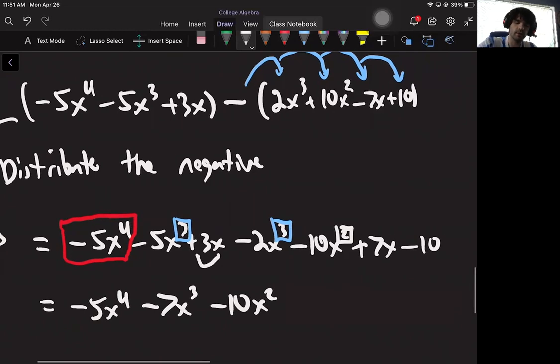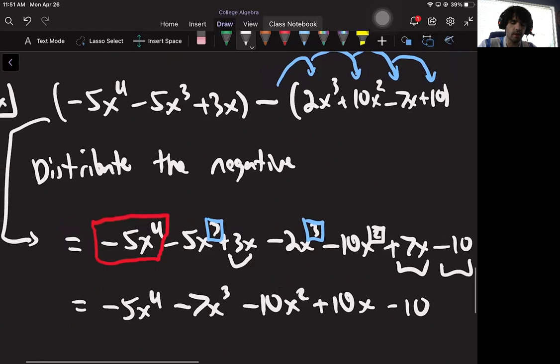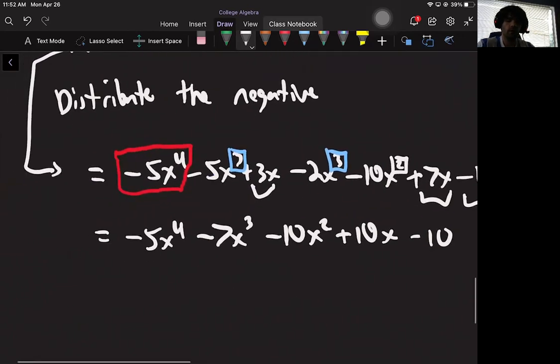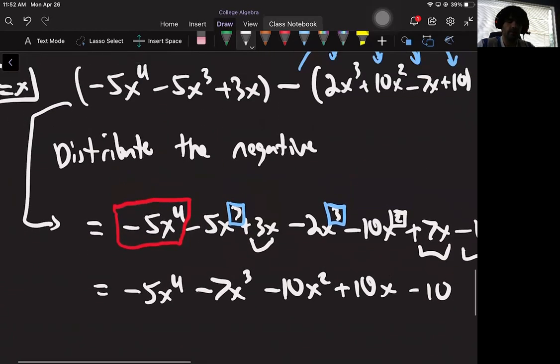But then I have a 3x and a 7x to add up to 10x. And then I only have one number, minus 10. So that's the end of that one. Okay, so hopefully not too bad so far. It really just comes down to adding the numbers in front of the x's while keeping track of matching up the same powers. Okay, so that's how you add and subtract them.